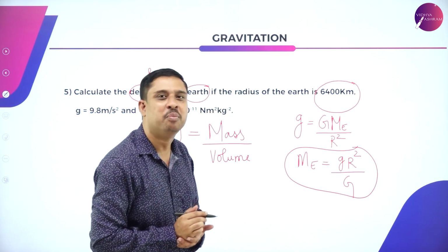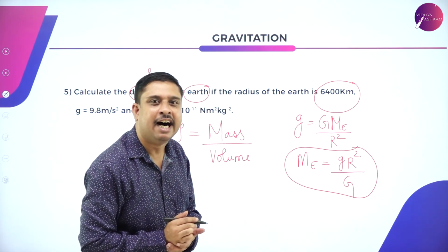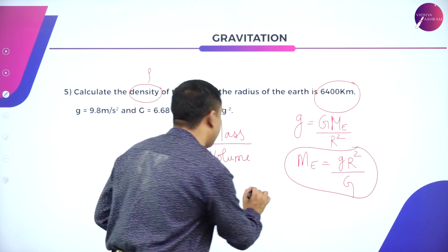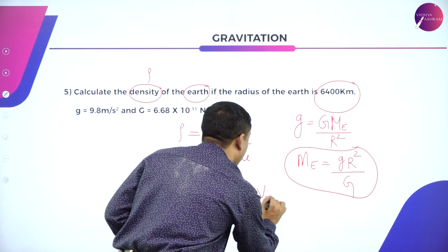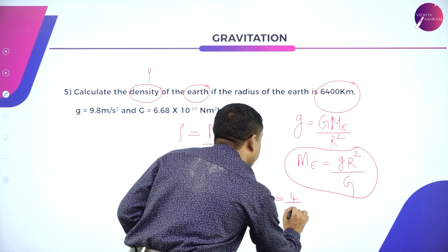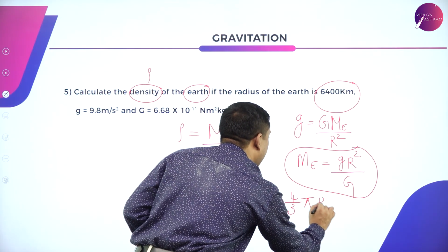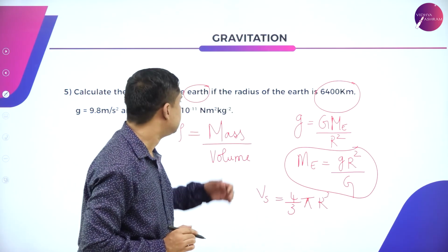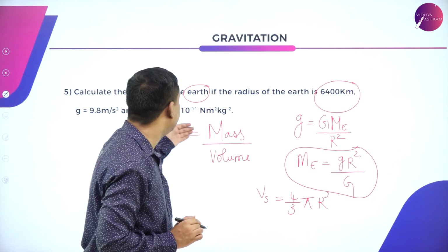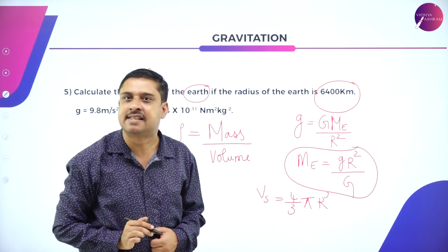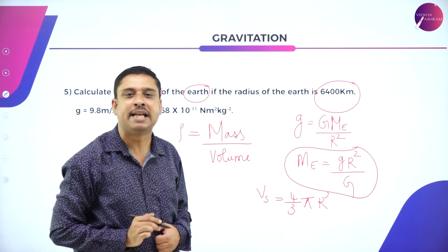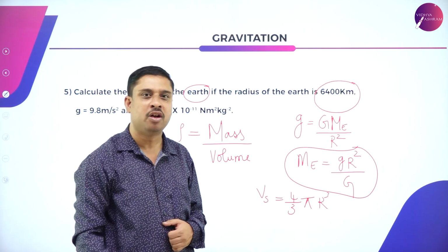What is volume? Yes, earth is treated to be a sphere. So volume of the sphere is 4 by 3 pi r cube. Substitute. You will have the value of density. This is one assignment which I'm giving you all.